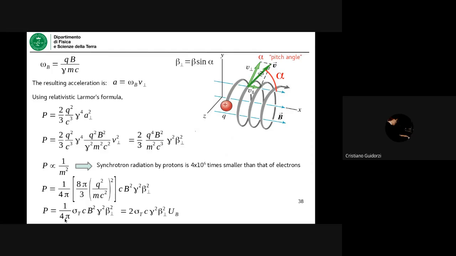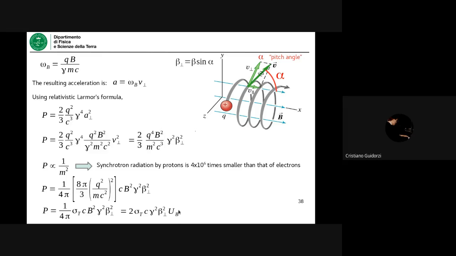If you remember the energy density formula of an electromagnetic field, in this case we just have magnetic field in the lab frame. So B squared over 4 pi, if you divide and multiply by 2, B squared over 8 pi is just the energy density associated with the magnetic field, what I called here capital UB. So UB is the energy density associated with the magnetic field, so energy per unit volume.